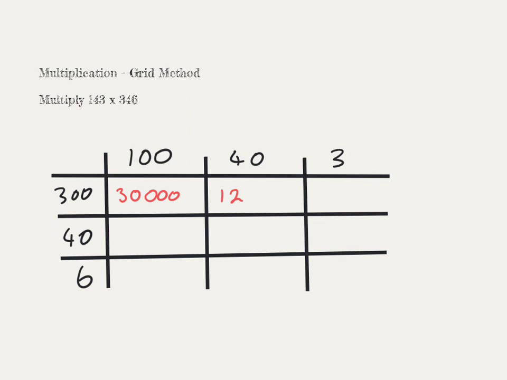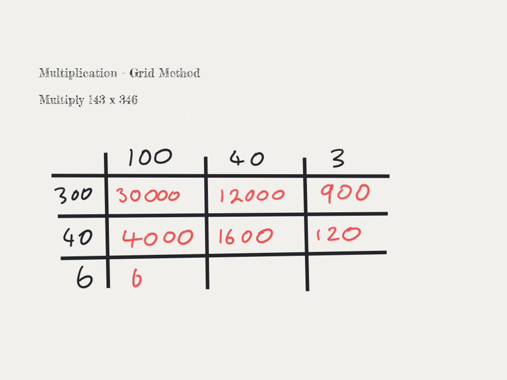So 4 times 3 is 12, times 10, times 10, times 10. 300 times 3, 3 times 3 is 9, times 10, times 10. 40 times 100 is 4,000. So 4 times 1 is 4, times 10, times 10, times 10. So for every 0, we times by 10. 4 times 4 is 16, times 10, times 10. 4 times 3 is 12, times 10.